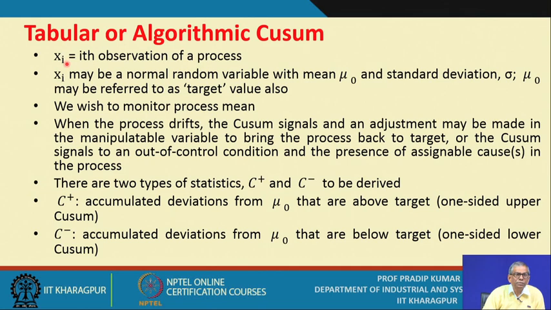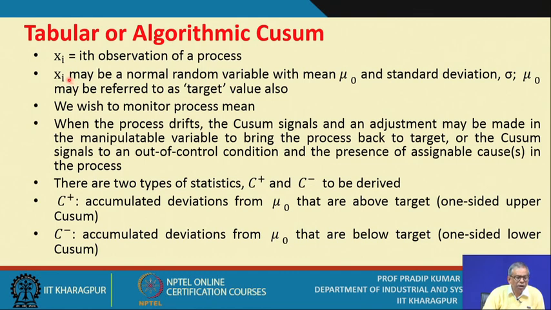Suppose xi is the ith observation of a process, obviously with respect to a particular quality characteristic. Xi may be a normal random variable. In many cases, there is a physical basis for assuming that the output of a particular process is normal.